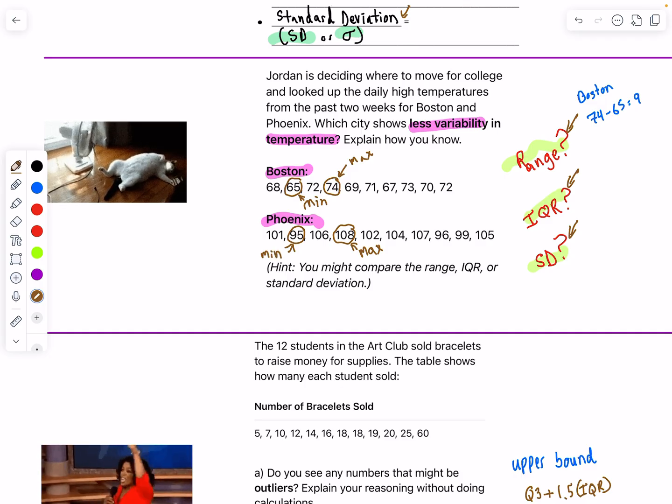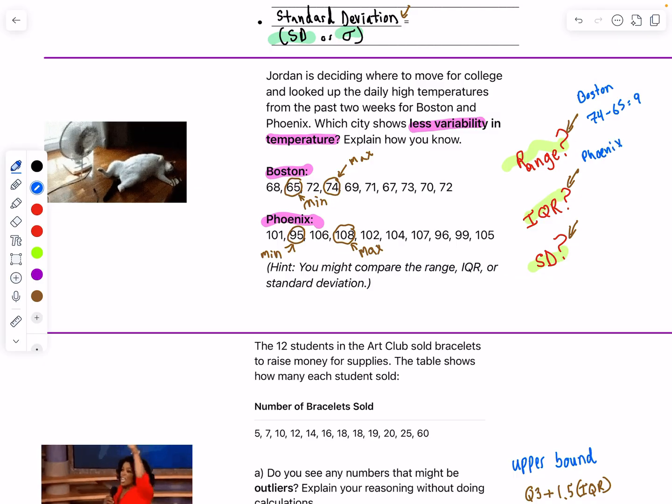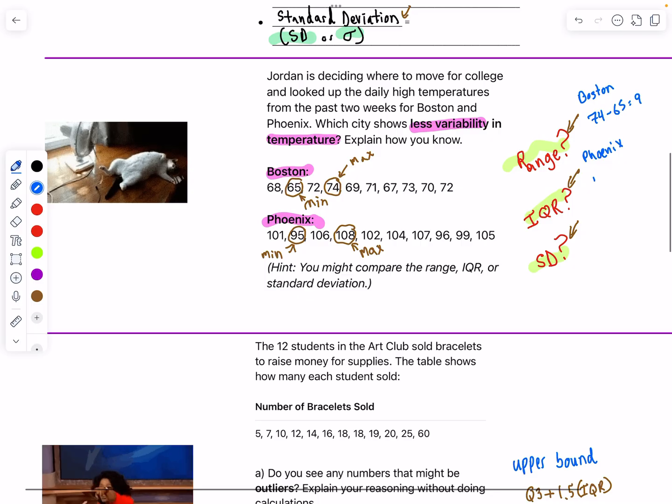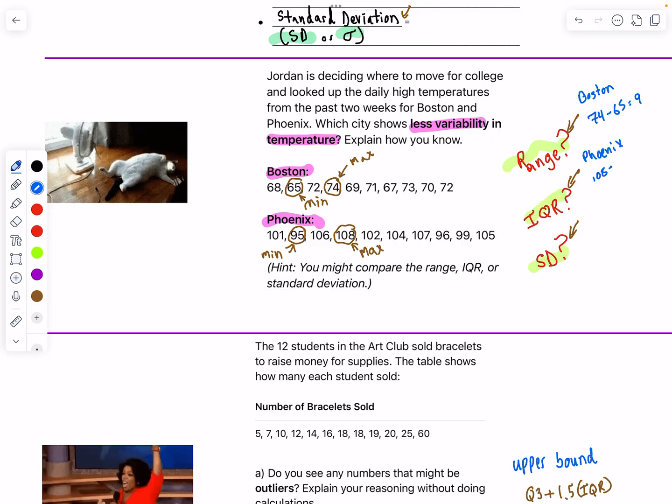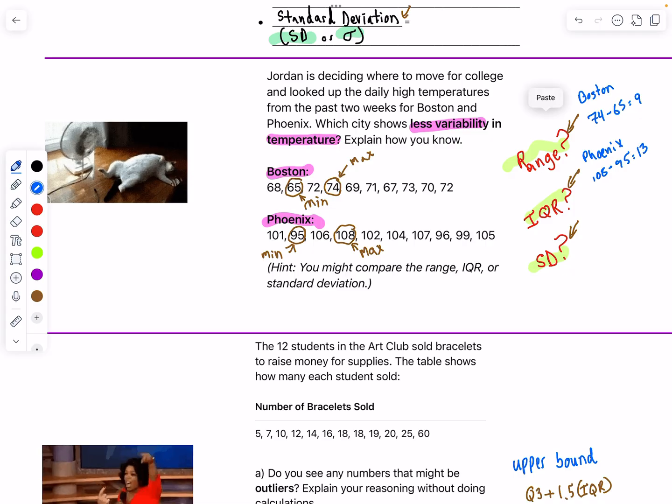So, let's do Phoenix. Phoenix is 108 minus 95. Look at this. So that has a range of 13.